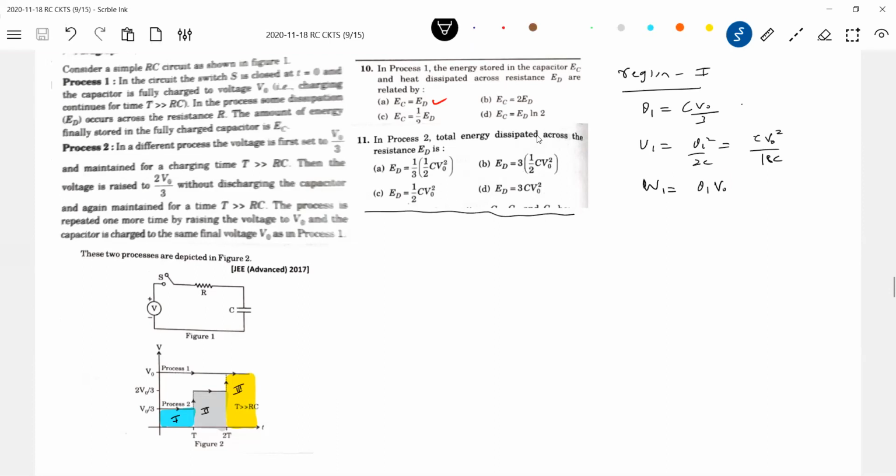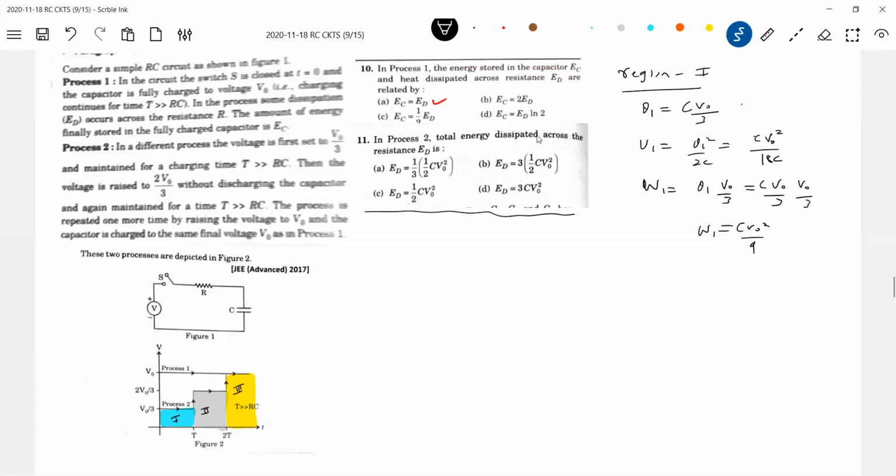Q1 is how much? CV naught by 3. So this is CV naught squared by 3. That is the work done by the cell, W1, and U1 is the energy stored here.